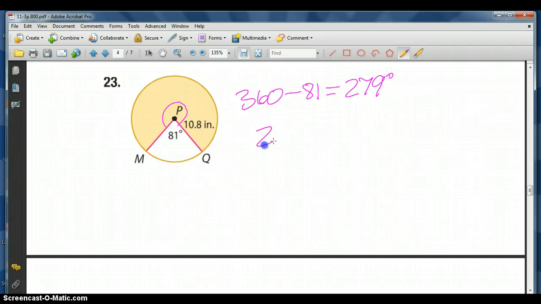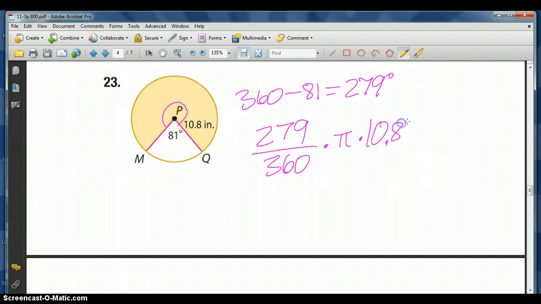That's the angle that we need to use for this problem. 279 divided by 360 times pi times radius squared. So if you type that all in, you'll get approximately 284 square inches.